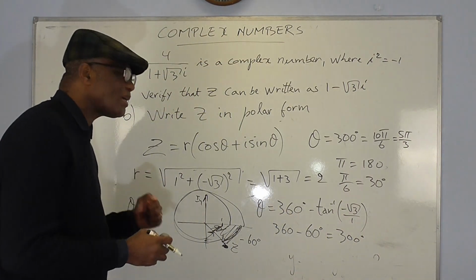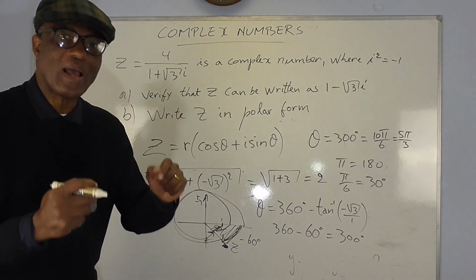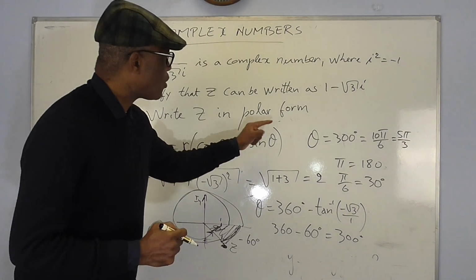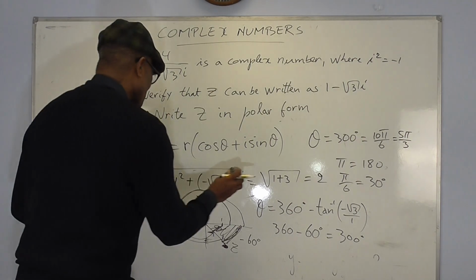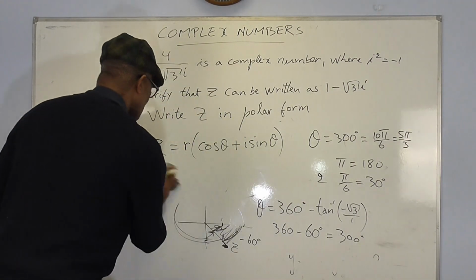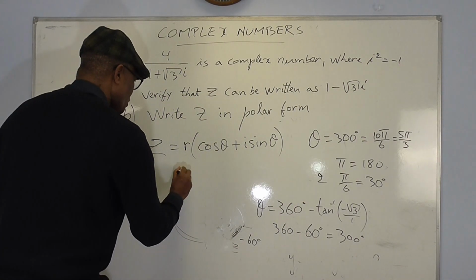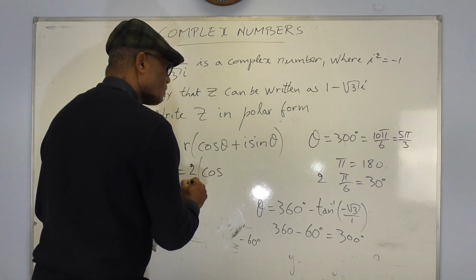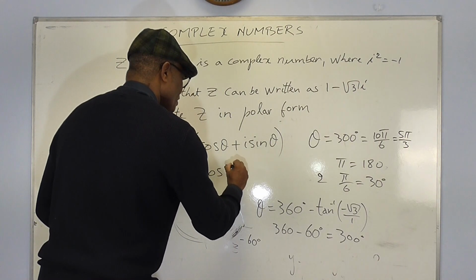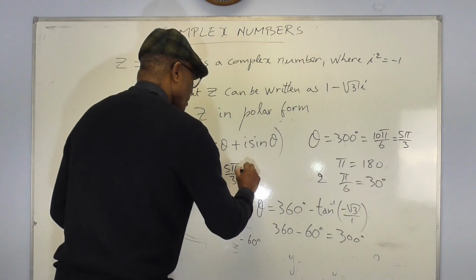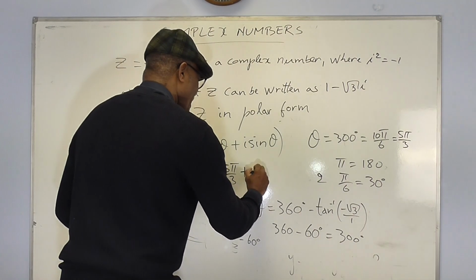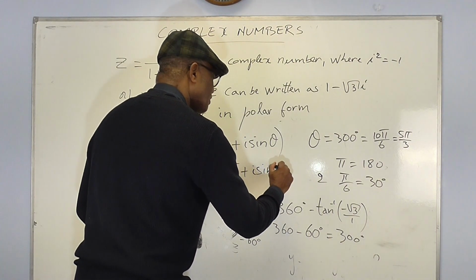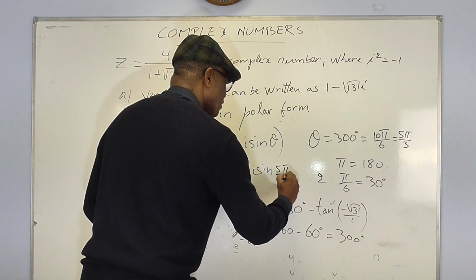Now, remember the question asked to write this in polar form. So in polar form, the modulus was 2, then cos of 5 pi over 3 plus i sine of 5 pi over 3.